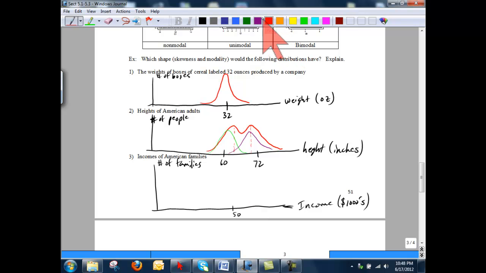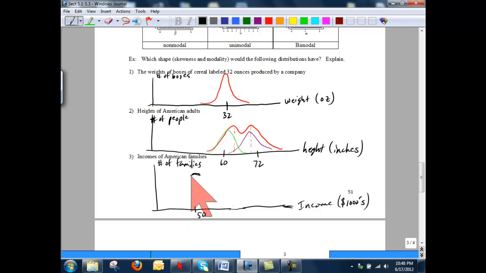And so what kind of shape? Actually, to draw the graph more accurately, I think I'm going to move my 50 to here. Okay, if 50,000 is approximately the average value, then it's a good guess that maybe that's about what a lot of people are making.